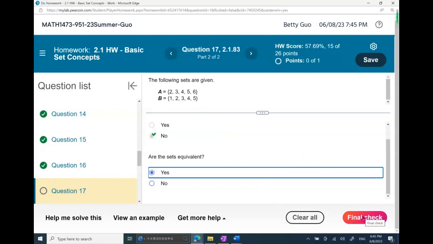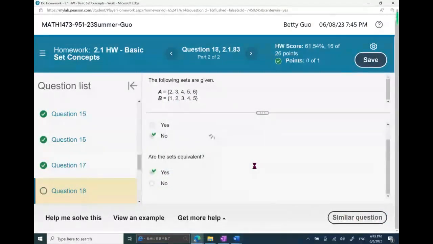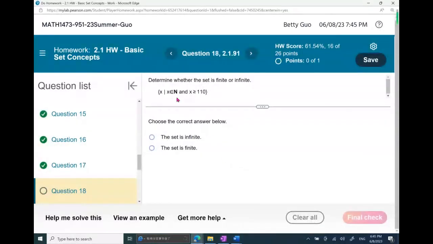All right, guys, you will see a few questions like that when you work on the homework. The big N here represents the natural numbers. Natural numbers include 1, 2, 3, and so on. The smallest natural number is 1, not 0. Choose the correct answer below. Is this finite or infinite?